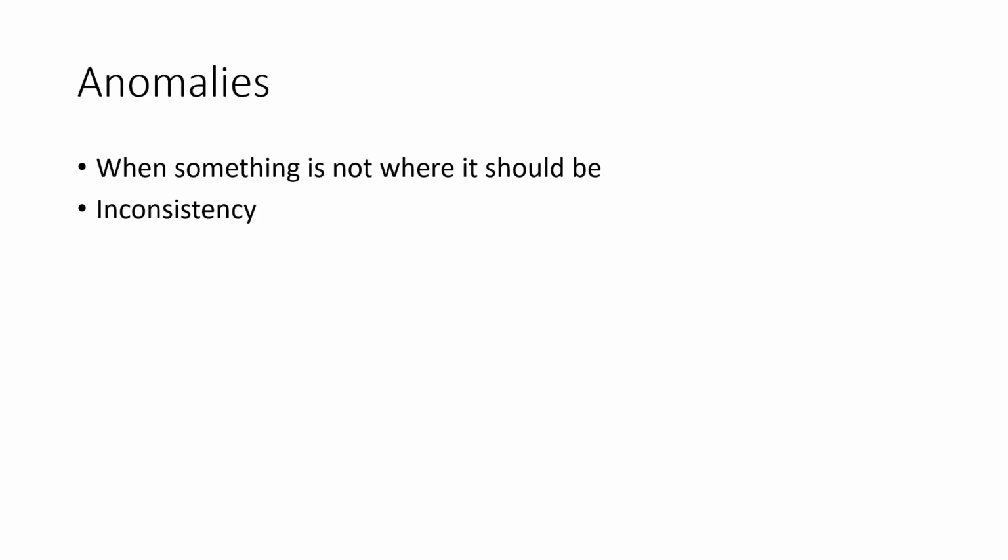So what exactly is an anomaly? You can think of an anomaly as when something is not exactly where it's supposed to be, or something that's inconsistent with something else. And most of the time anomalies happen because your database is not normalized. So it's sort of like an opposite of normalization.